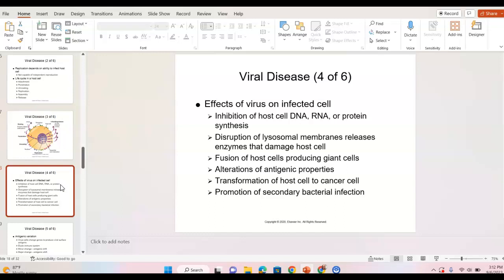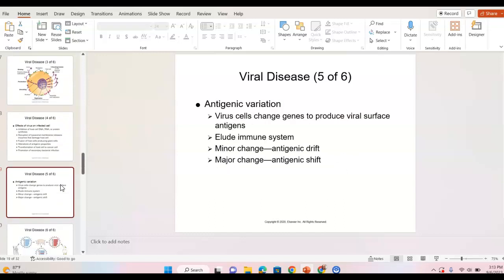It can alter antigenic properties of our body so we cannot fight off those infections. It can cause cancer in some cases, not all. Promotion of secondary bacterial infection, and I'm sure you're all very familiar with that. You get a viral infection, which can lead eventually to a bacterial infection because your immune system response is decreased.